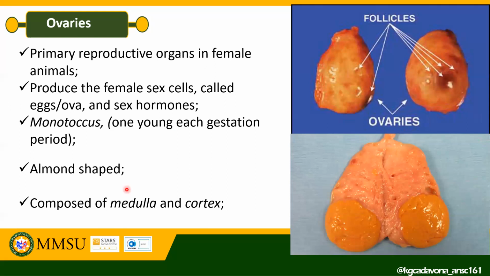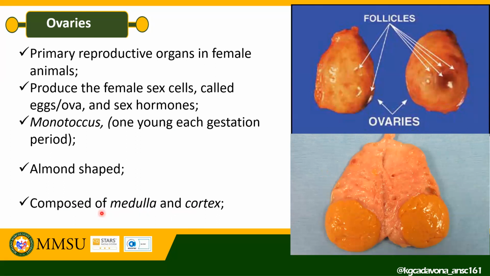And as for the components of the ovary, or the ovaries I should say, because there are two ovaries in our dairy animals, specifically our dairy cows. These are composed mainly of two: the medulla, which is the central core, and the cortex, which is the outer shell.